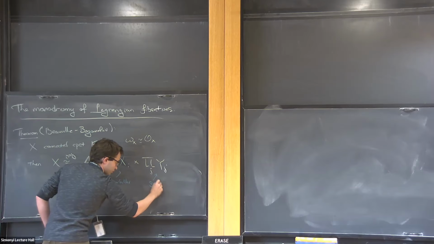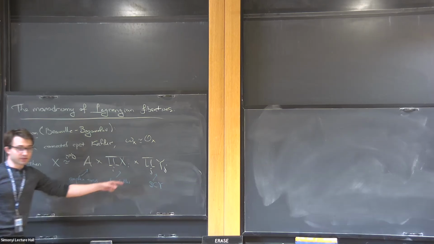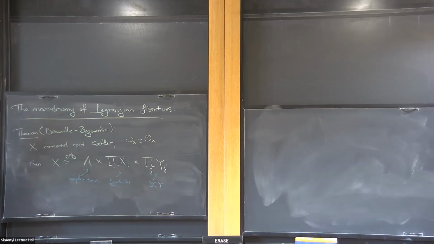And these Yj's are strict Calabi-Yau's. I won't say too much about what the components are, besides that complex tori are fairly well studied. We'll see them in today's talk.